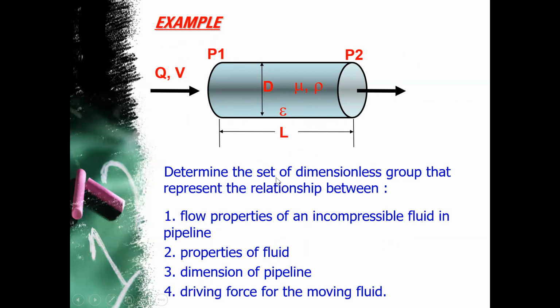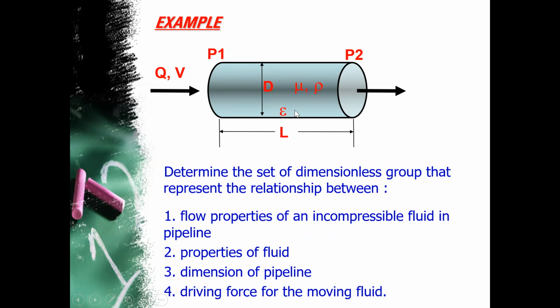So you have a flow of fluid inside the pipe, with several parameters or variables. D, the diameter of the pipe. This is the viscosity. This is the density of the fluid. This is epsilon, which we call surface roughness.